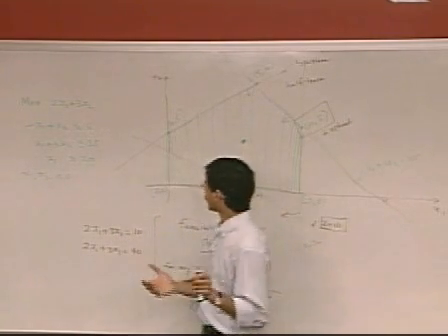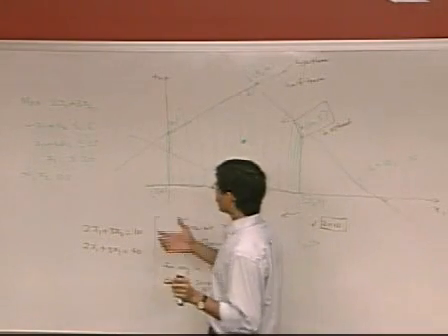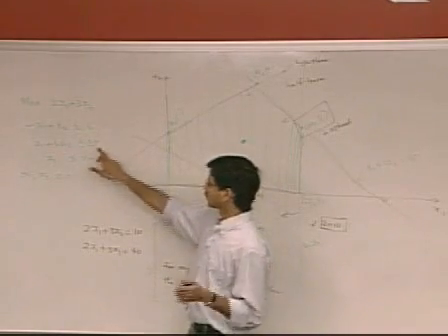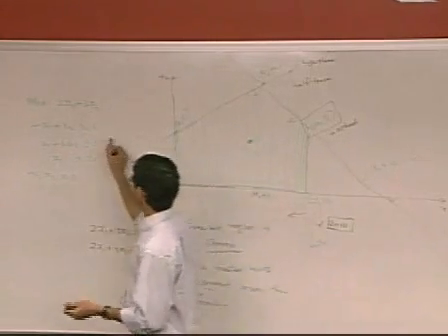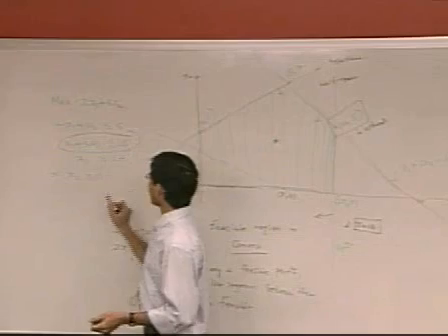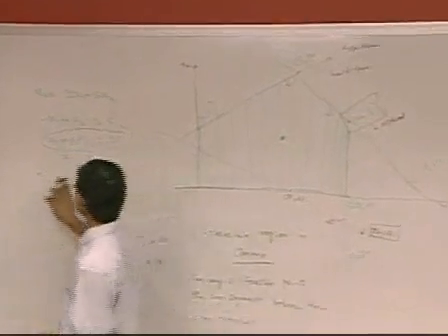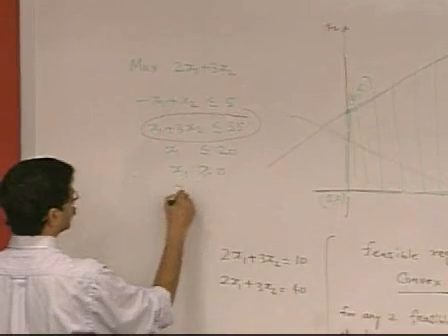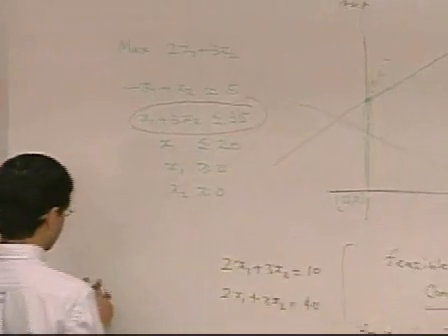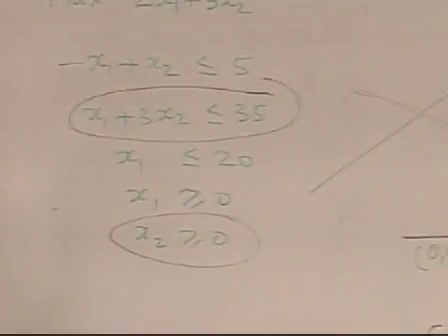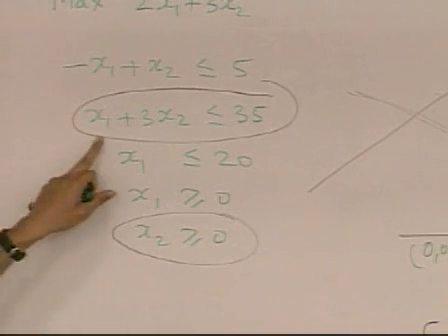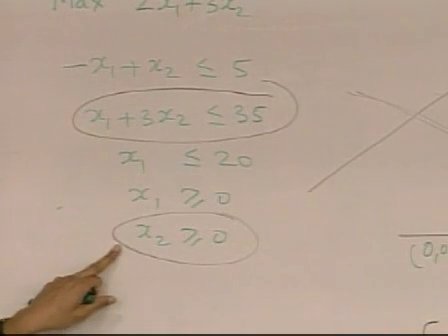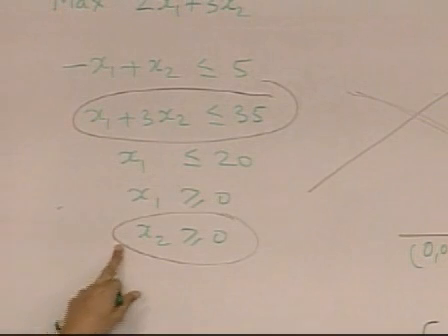So for instance, let me write this down this way. I have x1 non-negative, x2 non-negative. So I could take this and this. When I solve them as equations, what do I get? I get this point.